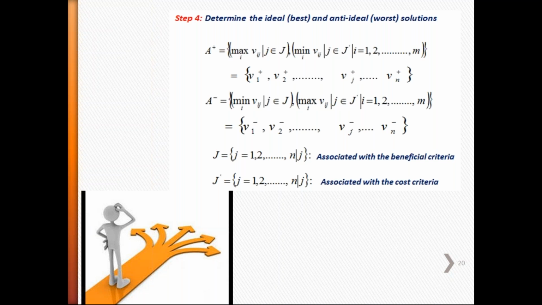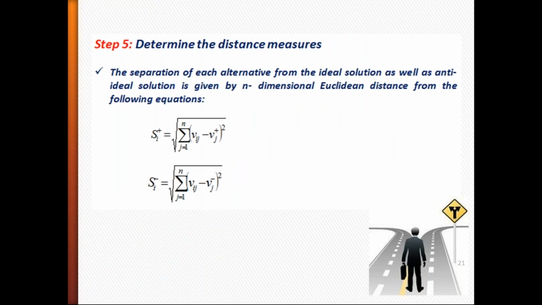The distance between the ith alternative Ai and A minus is Si minus. And the equation is this: Si plus, Si minus, i varying from 1 to m. When i equals 1, S1 plus means the distance between A1 and A plus, and S1 minus means the distance between A1 and A minus.